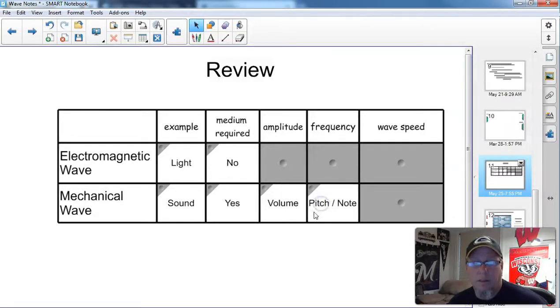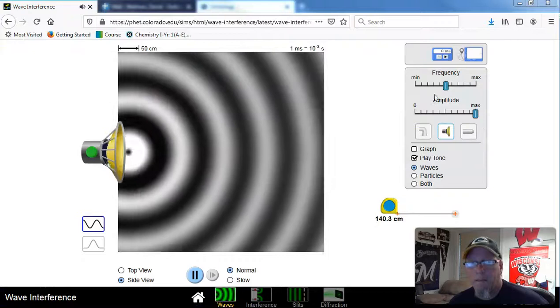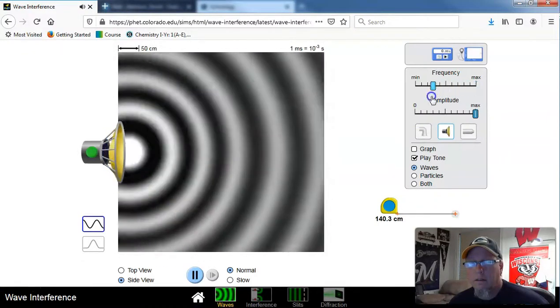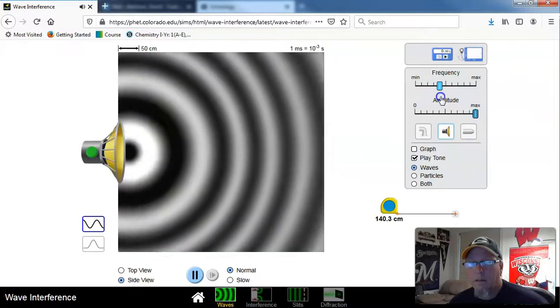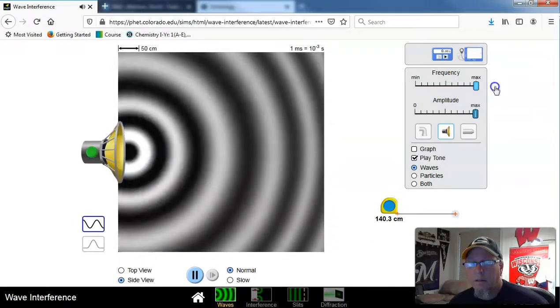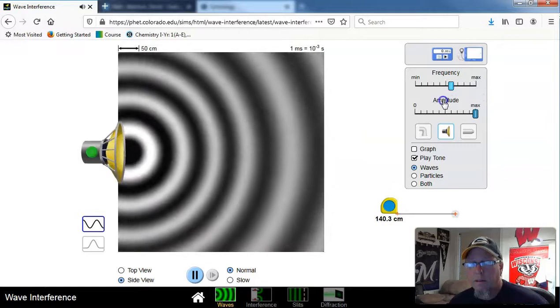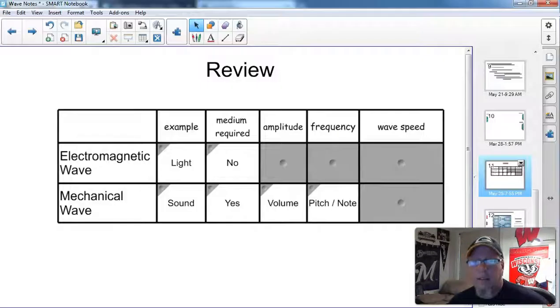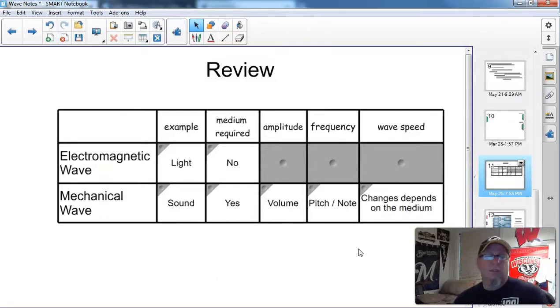Frequency for sound is the pitch or the note. And then lastly, the speed of the wave depends on what the medium is.